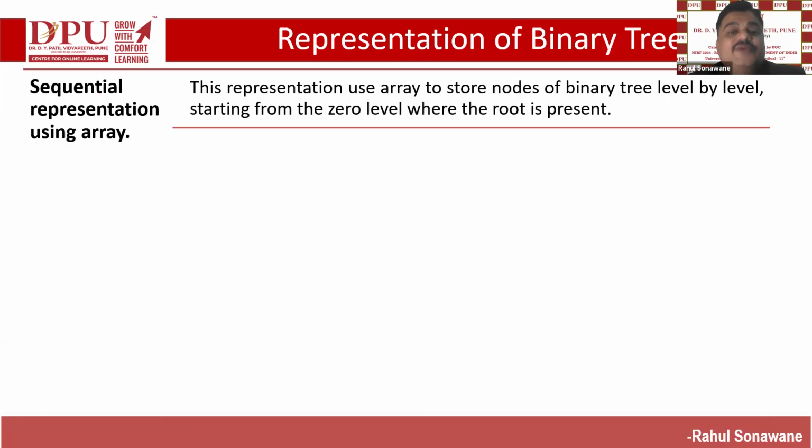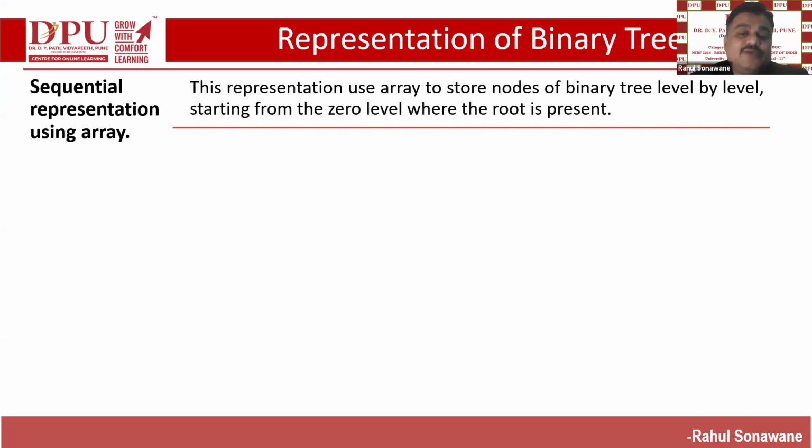If we represent a tree data structure with the help of an array, it is called a sequential representation, and the data will be stored within an array level by level, starting from the 0th level. Who is at the 0th level? Root is at the 0th level.